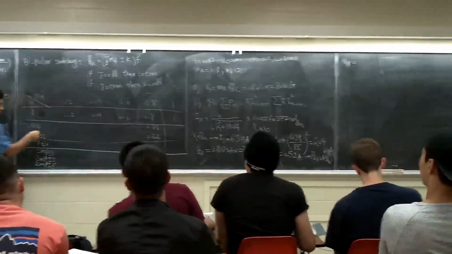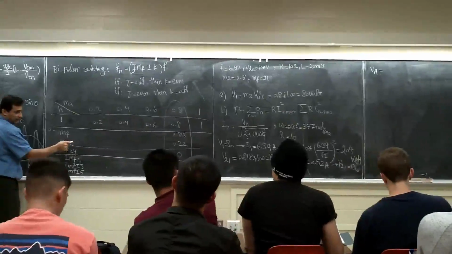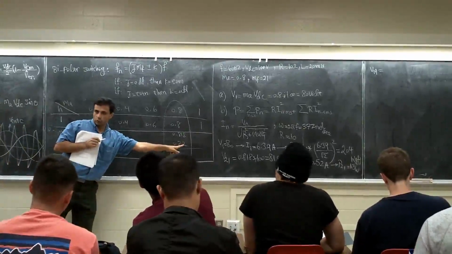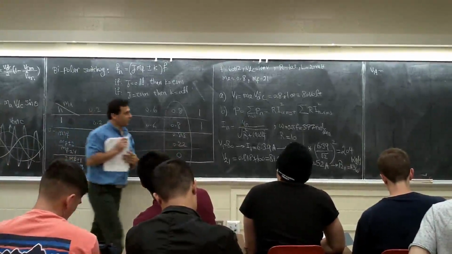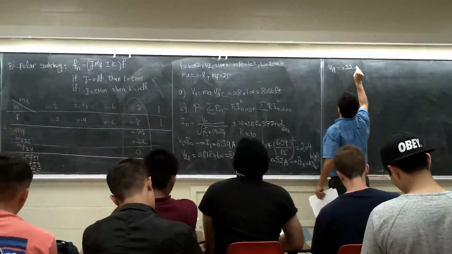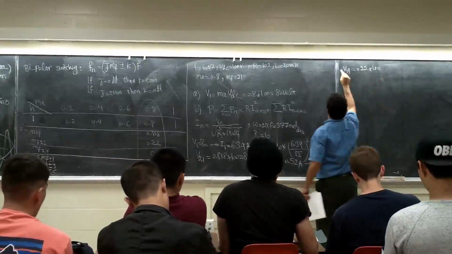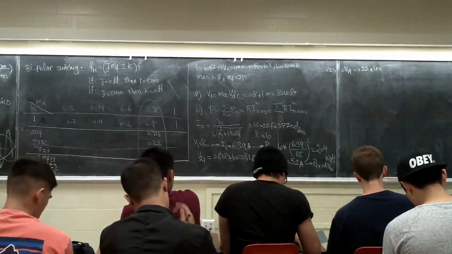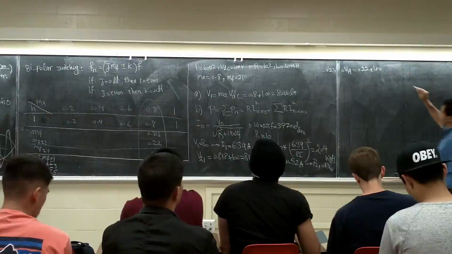MF is 21 plus or minus 2. Minus 2 is 19, plus 2 is 23. How much is it? 0.22 times VDC. Basically this is V23 also, because V23 and V19 are the same. So it is going to be 22 volts.